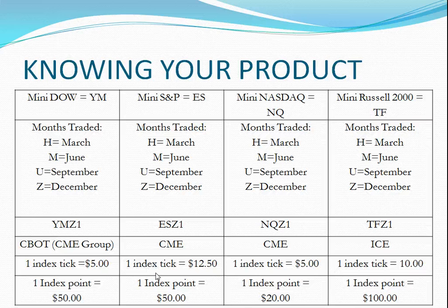And of course, more importantly, each tick, or one tick increment, is worth $12.50. Now 1 point is equal to 4 ticks. So 1 point in this index or this future would equal $50. And that's important because we'll use that to figure our risk later down the road.